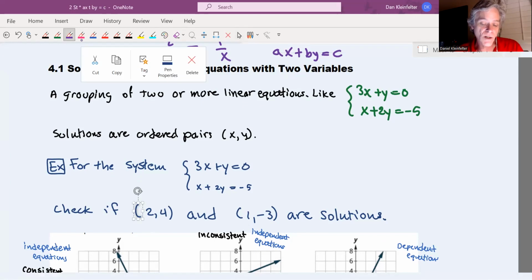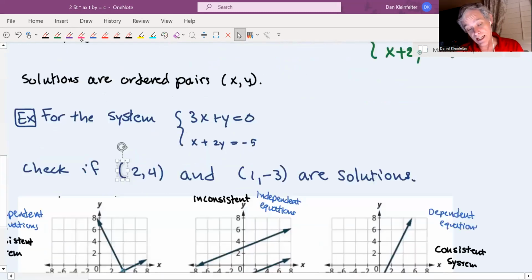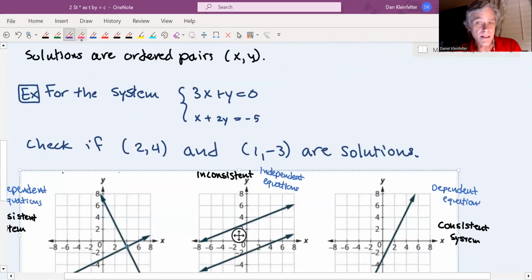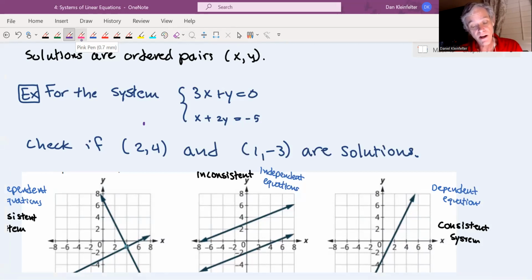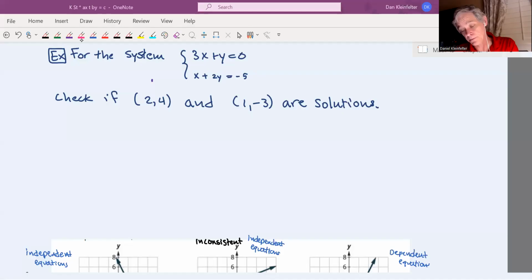The solution is an ordered pair, x comma y inside of parentheses. For example, for this system, 3x plus y equals 0 and x plus 2y equals -5, we want to check and see if the point (2, 4) and the point (1, -3) are solutions. All right, so how can we do this.